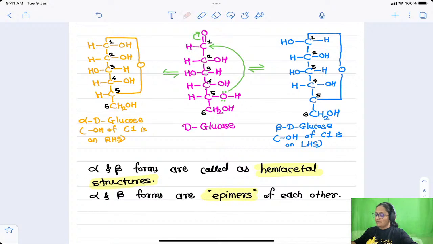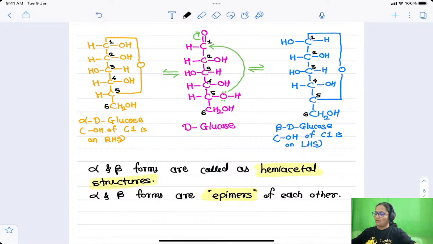Let me highlight those carbon atoms as well as oxygen: 1, 2, 3, 4, 5 and 6. This is a cycle, right? Similar for the left hand side cyclic structure also. That means after the reaction we are getting a 6-membered product, a hexacyclic product including oxygen.